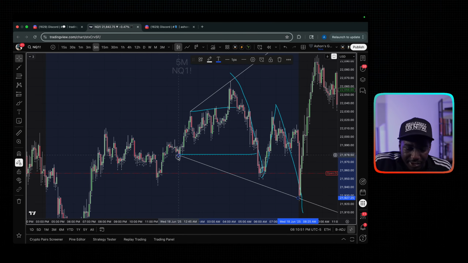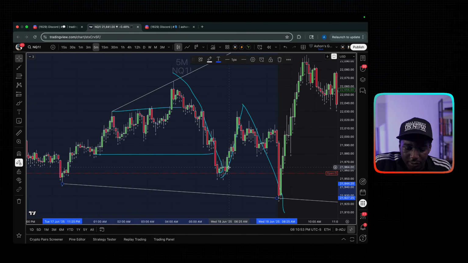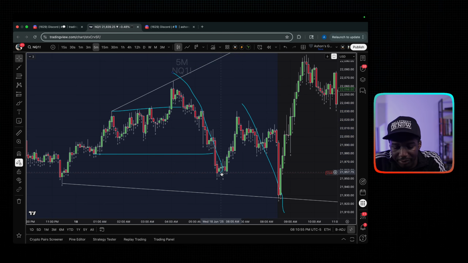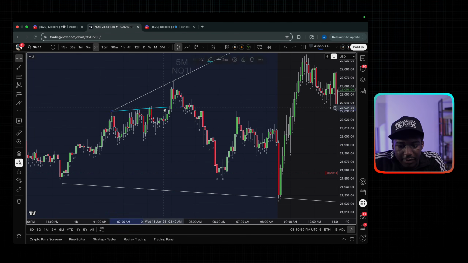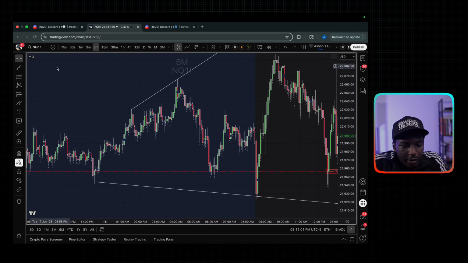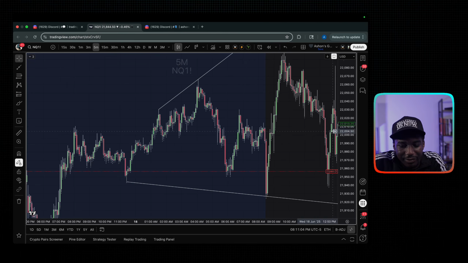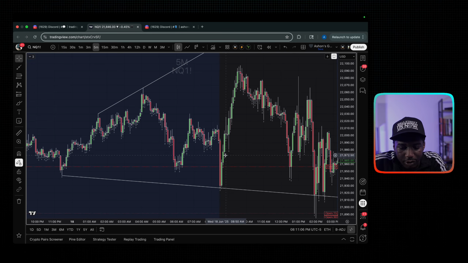I'm sorry, I'm sneezing, my bad. Allergies. But yeah, we took out a previous low. After we took out that previous low, we set up for a bullish actionable signal. If that bullish actionable signal works, where are we going? Back to the upside to take out that previous high. So what do we do? The bullish actionable signal right here.